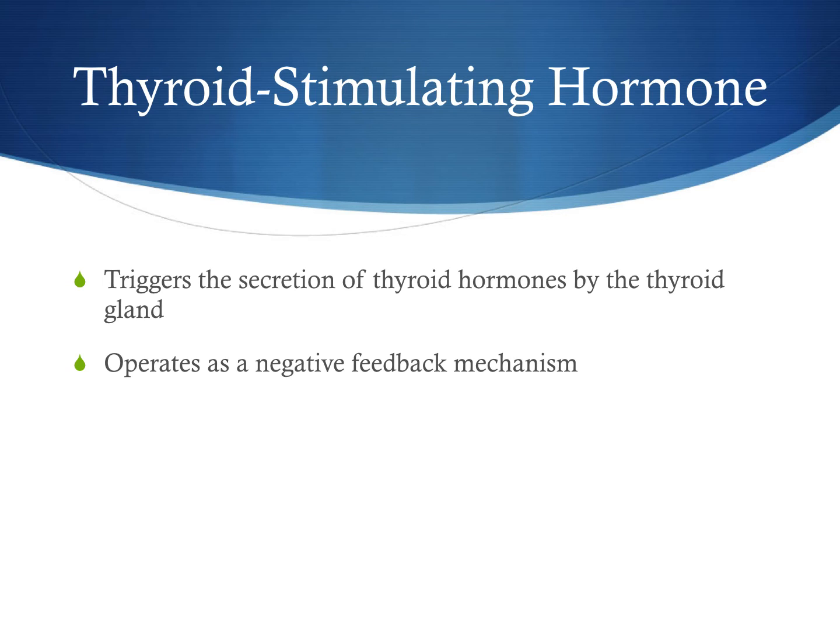We have our thyroid stimulating hormone, which is going to trigger the secretion of thyroid hormones by the thyroid gland, and it's going to operate as part of a negative feedback mechanism. So it's going to constantly check if there is enough of this hormone and then adjust as needed.